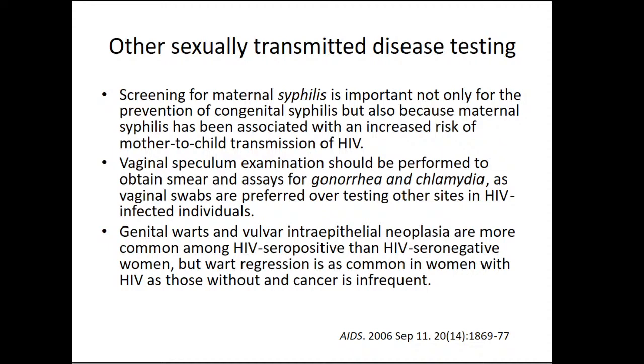Anyway, for screening for syphilis in our country we do RW or RV testing and specific reactions for syphilis, which is important to know for prevention of congenital syphilis of the newborn.